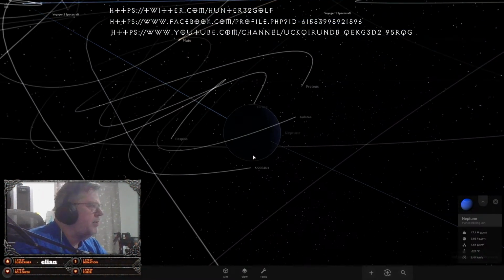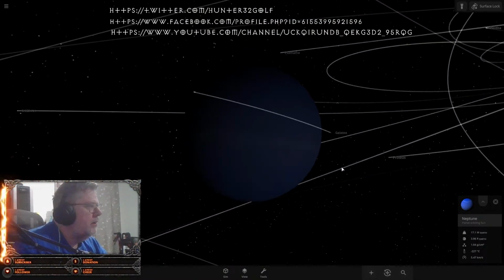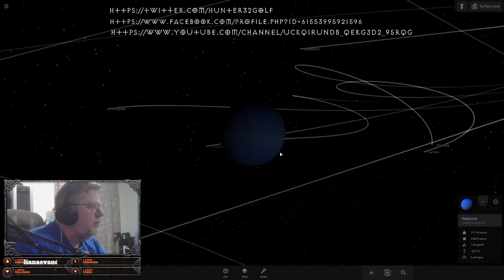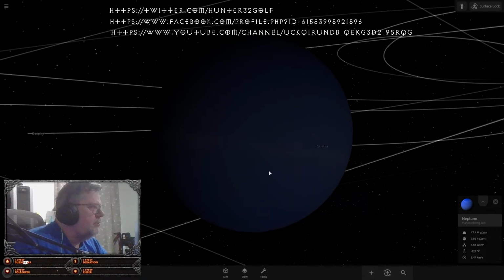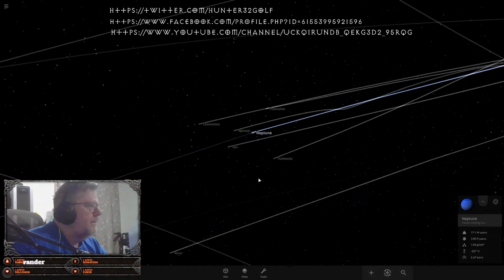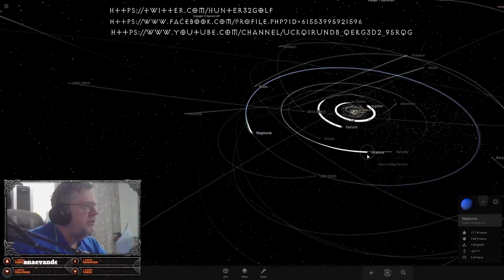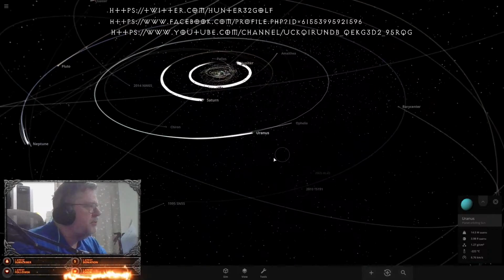So when they took the picture, they enhanced the color and made it darker so they could see the storms on the planet. But it looks the same exact color as Uranus, which is our next planet.